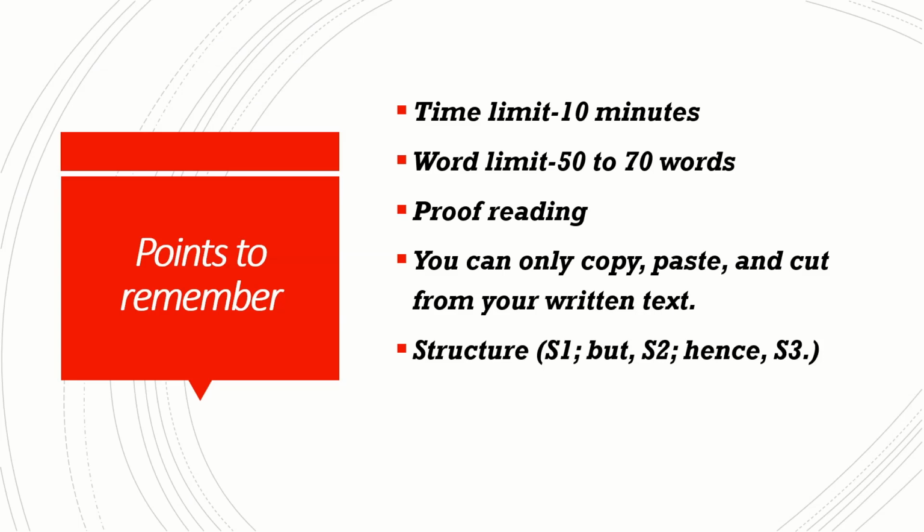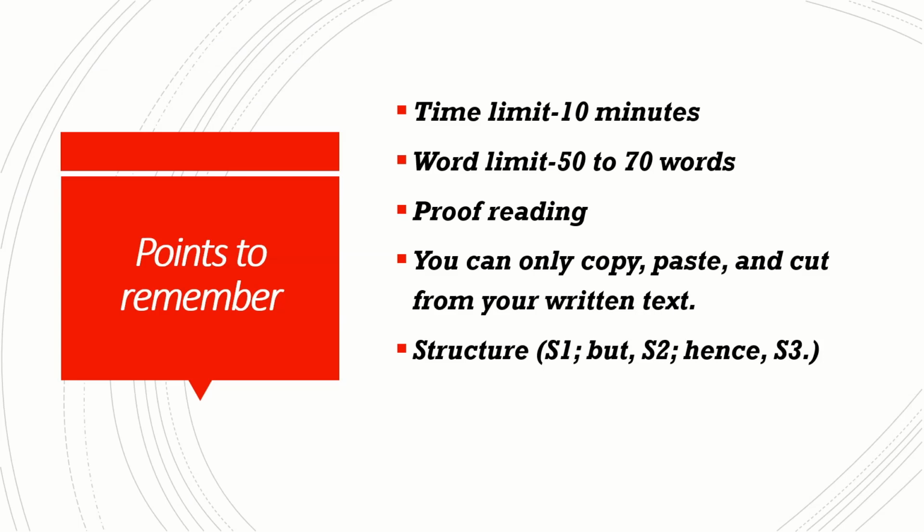Next is the structure. I write a structure on the screen. You can use sentence 1, which can be the first line of the paragraph, or it can be the second line of the paragraph. If you are starting from the second line of the paragraph, then you can start your sentence with although. And if you are using the first line of the paragraph, then you have to start with sentence 1.